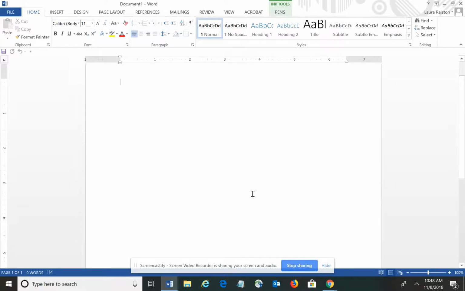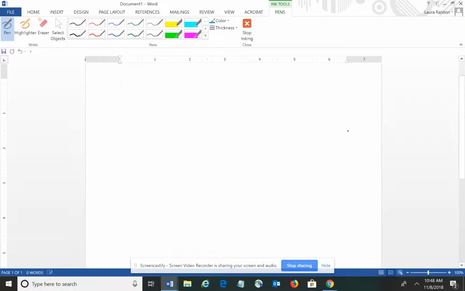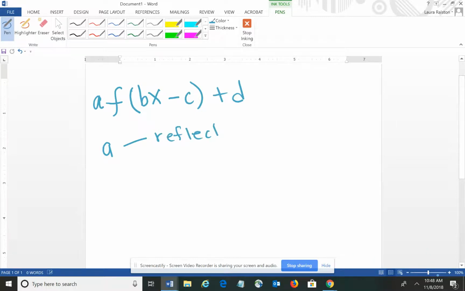If you want to put this together, kind of all in one big thing, you can think about it this way. You can have A times f of bx minus c plus d. The A actually determines whether there's a reflection on the x-axis, based on whether it is positive or negative. The reflection occurs when it's negative.